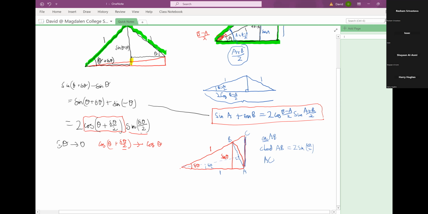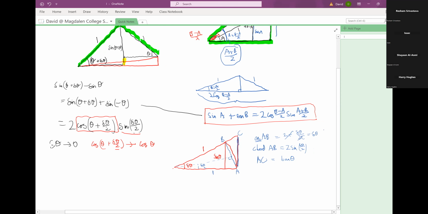The distance AC, the height, is tangent of theta. And the arc length AB, well, the fraction of the circle that I have is delta theta over 2 pi. The total circumference of the circle is 2 pi. The 2 pi's cancel, so the arc AB is delta theta.